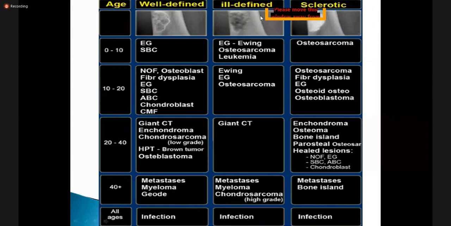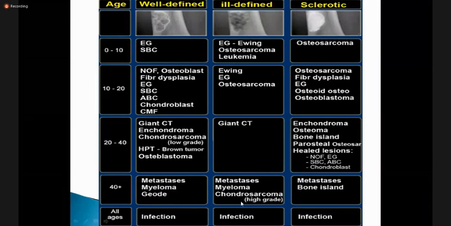In the well-defined margin, in up to 10 years of age, eosinophilic granuloma and simple bone cyst are common. At 10 to 20 years of age, simple bone cyst, aneurysmal bone cyst, eosinophilic granuloma, and fibrous dysplasia are the most common tumors. At 20 to 40 years, GCT, enchondroma, and chondrosarcoma. These are the most common with a well-defined margin. Above 40 years, metastasis and myeloma are the most common.